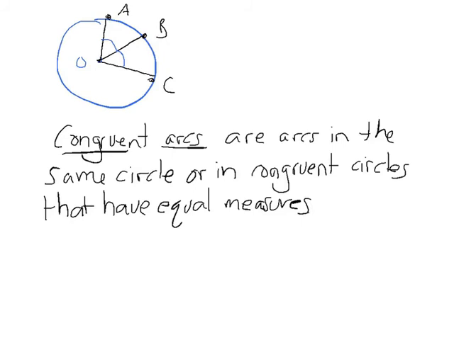For example, we can see in our picture that the measure of angle AOB is equal to the measure of angle BOC, they're in the same circle, so angle AOB is congruent to angle BOC. Therefore, we say that arc AB is congruent to arc BC.